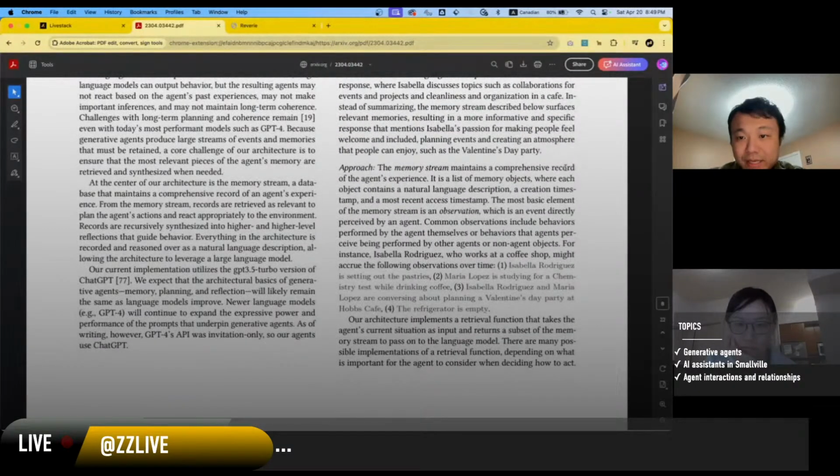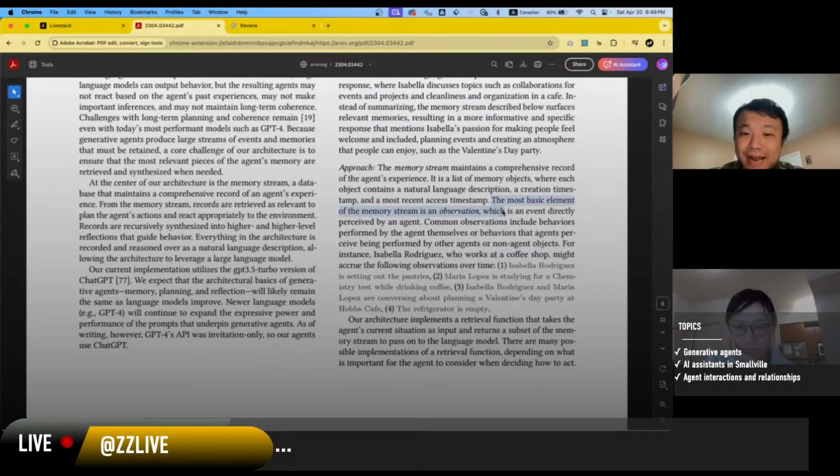The memory stream maintains a comprehensive record of the agent's experience. It is a list of memory objects, where each object contains a natural language description, a creation timestamp, and a most recent access timestamp.